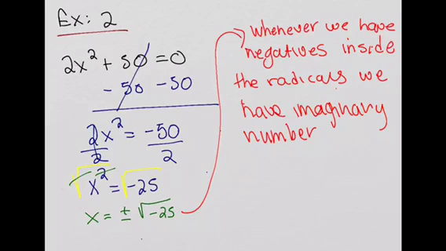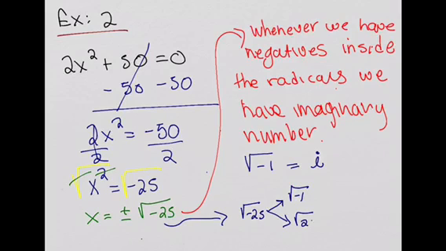So, something to keep in mind, let's use blue. If I have the square root of negative 1, this is i, which stands for imaginary number. So, for this part here, square root of negative 25, I'm going to break the negative 25 into the square root of negative 1 and the square root of 25.